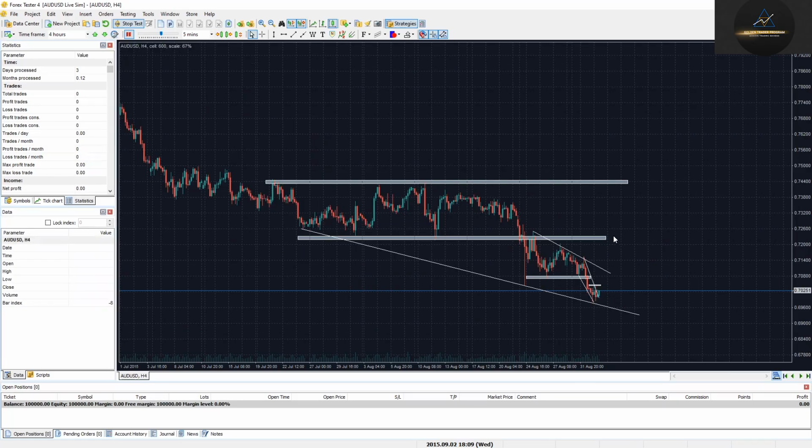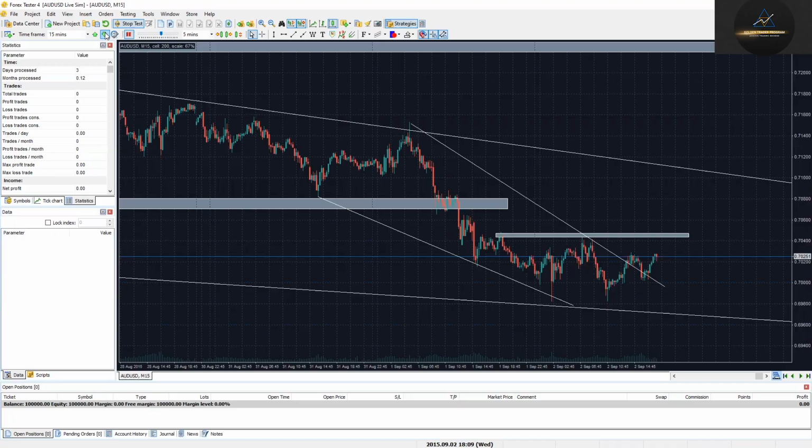So we might actually get a potential trade to the upside. This is a counter trend trade. It's very risky. So let's wait to see what happens. We've got a bit of a Wyckoff accumulation as well. I want to see a little bit of a sign of strength. I want to see these highs get taken out.